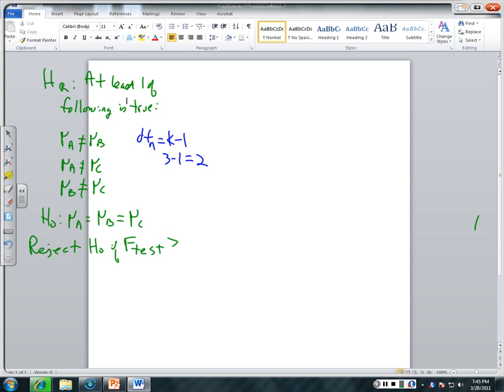And the degrees of freedom for the denominator is going to equal the total sample size minus k. So total sample size, it's not the size of one group, it's the whole sample size. So remember I had 5 in group A, 5 in group B, 5 in group C. So that's going to be 15 minus 3 is equal to 12.